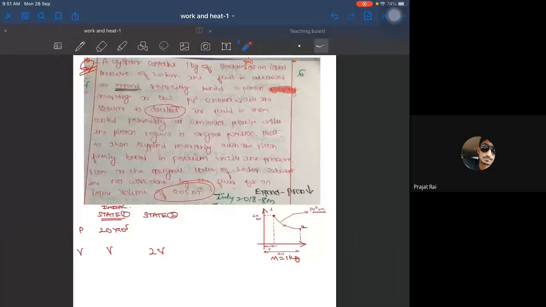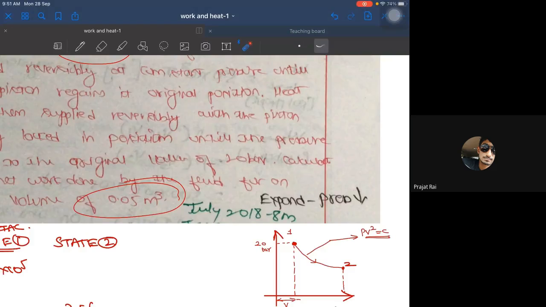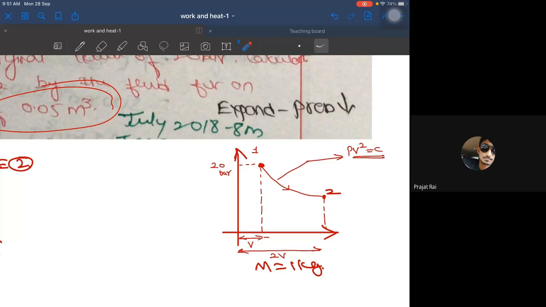So he says, see, once again read the statement. The fluid is then cooled reversibly. From this, I can judge that my next process, which is for the state 3, is not this way, which indicates a volume increase. So it is in this way I can judge it, because it is cooling, volume should decrease.